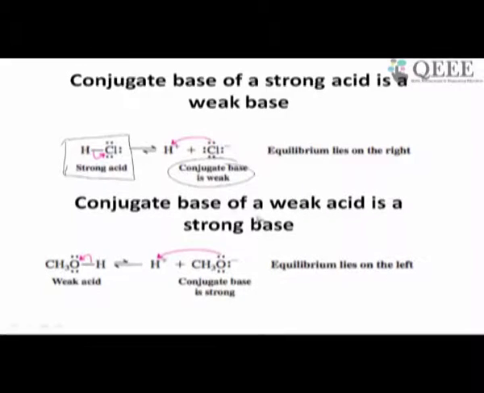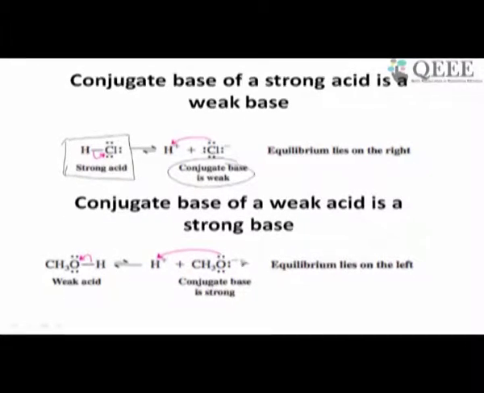The point I was trying to make here is that the conjugate base formed by a strong acid will always be weak. We can extend the same thing to bases. The conjugate base of a weak acid is a strong base. A strong base will keep the proton with itself.